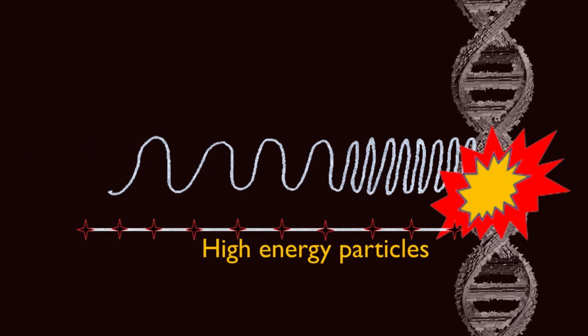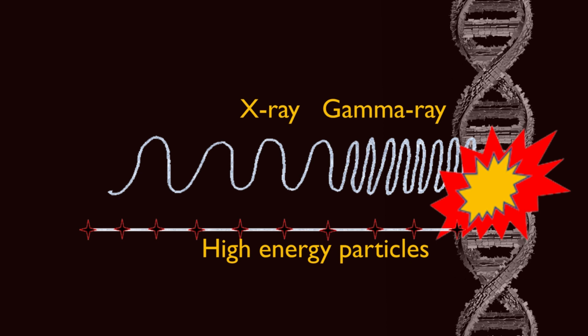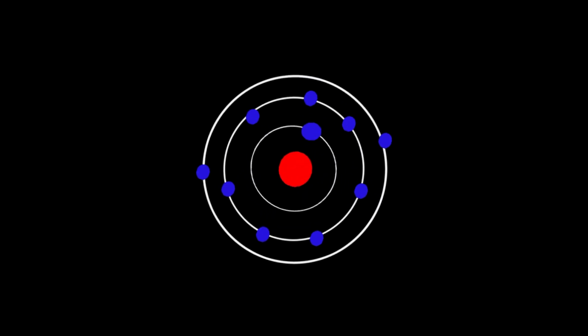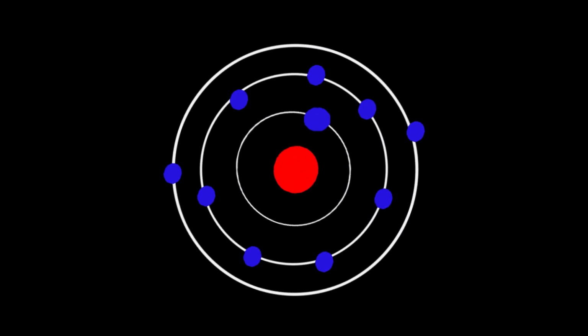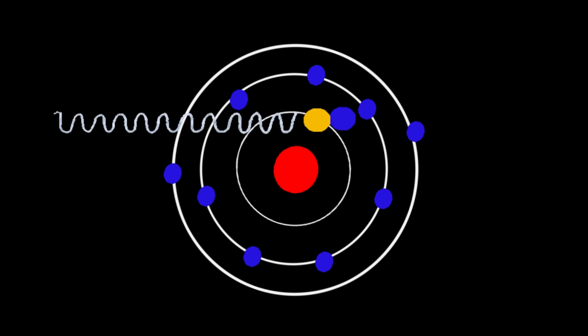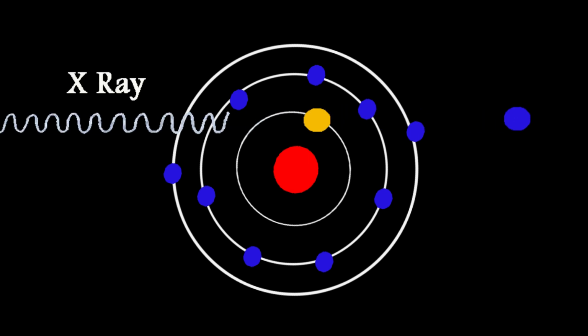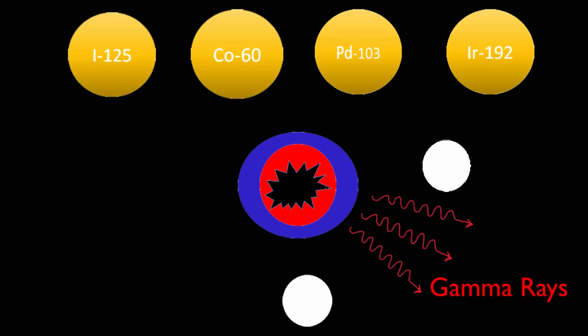Radiotherapy is a therapeutic strategy that impacts the DNA and interferes with replicability of cancer cells by use of radiation in the form of high-energy particles or waves. Electromagnetic radiation can be in the form of X-rays or gamma rays. X-rays are basically accelerated electrons, whereas gamma rays are emitted by radioactive isotopes.